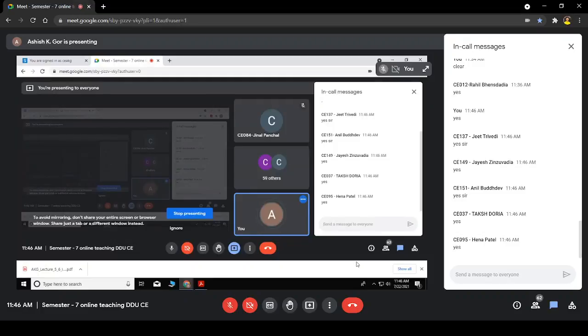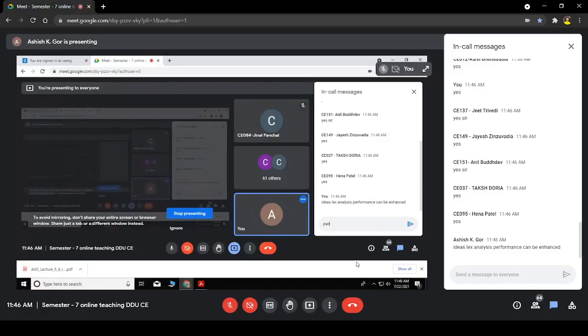Last time I told you about two different ideas by which lexical analysis performance can be improved. What you do is maintain a pair of buffers rather than buffer halves.